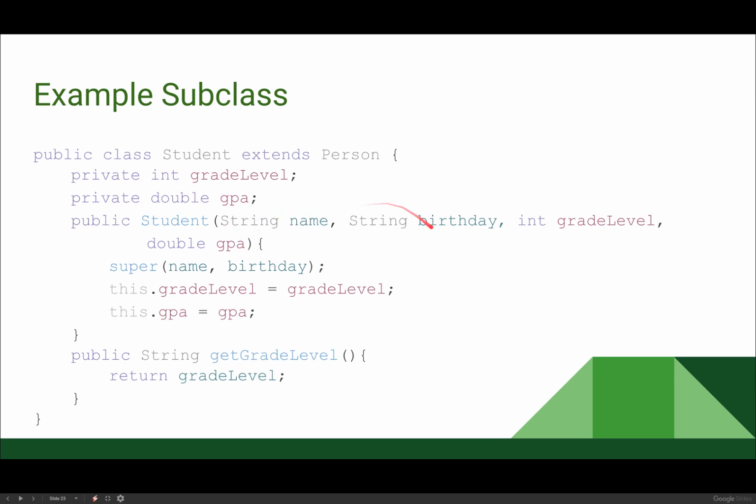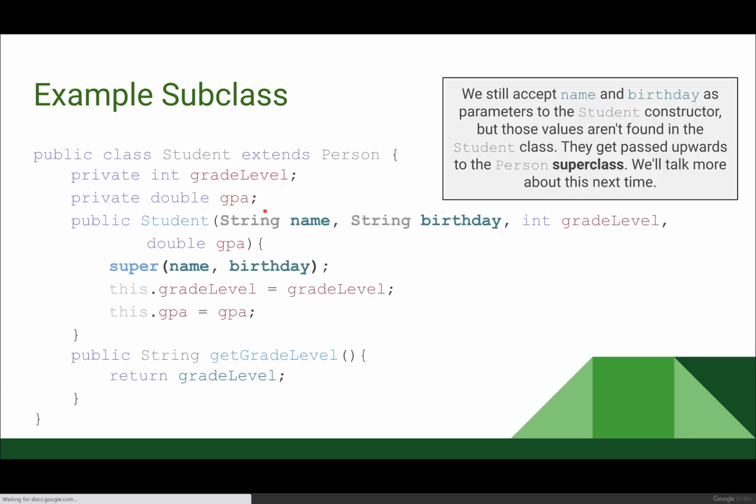Now, we do want to get them in our parameters for our constructor because a student will have a name and a birthday, even though they're not private instance variables within this class. So we'll still accept those parameters, but those values aren't found in the student class. So we're going to actually pass those upwards into the person superclass's constructor using the super keyword.